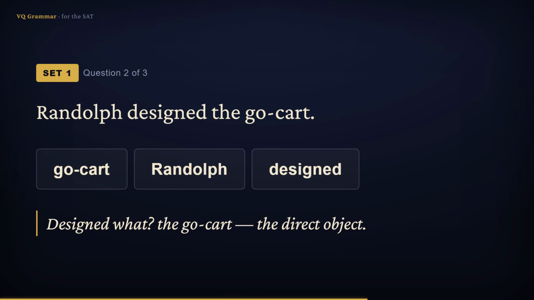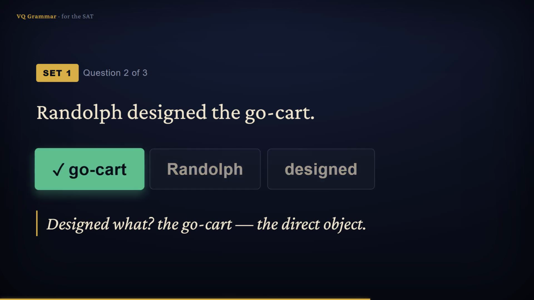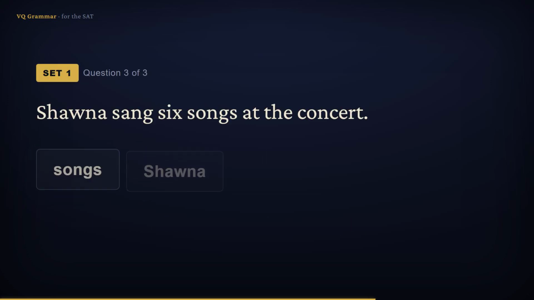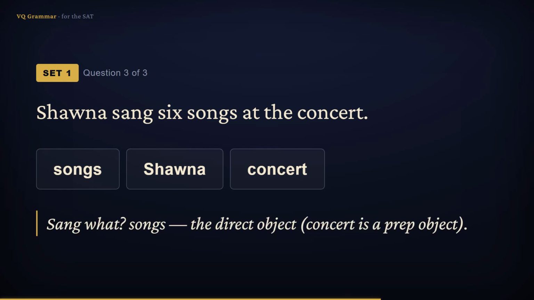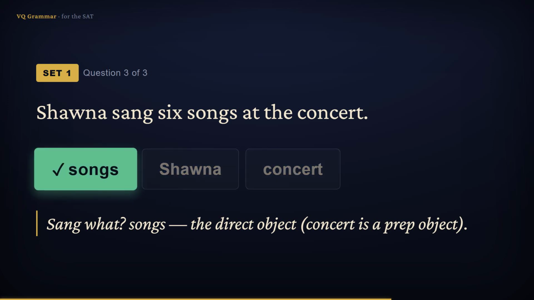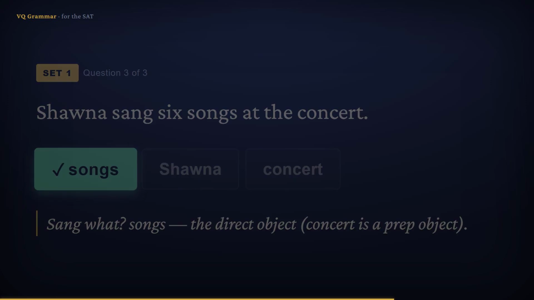Designed what? The go-kart. So the direct object is go-kart. Shauna sang 6 songs at the concert. Sang what? Songs. Concert is only inside a prepositional phrase, so the direct object is songs.